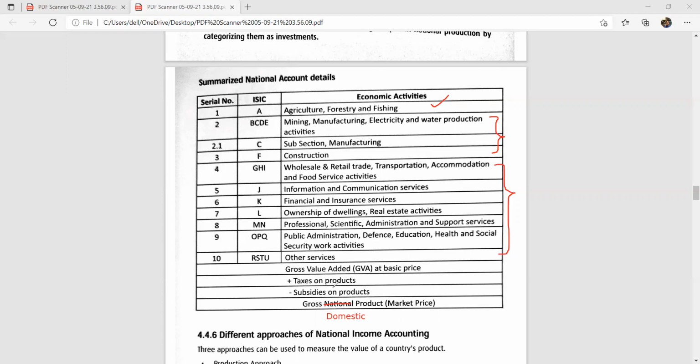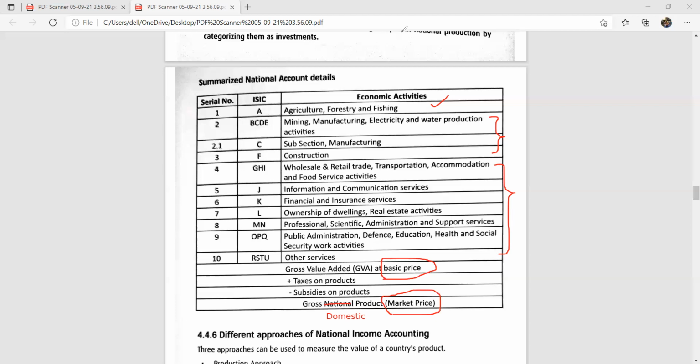We will add all the taxes regarding products and subtract all the subsidies regarding products. Finally, we calculate the country's gross domestic product at market price. Here we will consider two prices, basic price and market price as well.